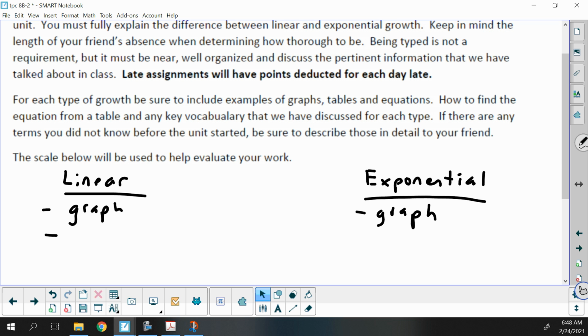Make sure you have an example table for each. And you should have an example equation for each of them. Now with the equations, tell what each of the different parts of the equation are.